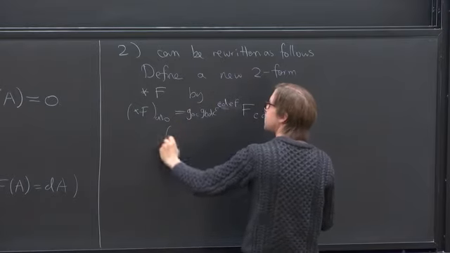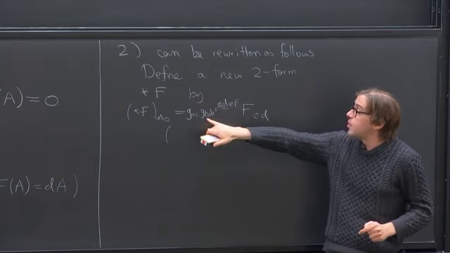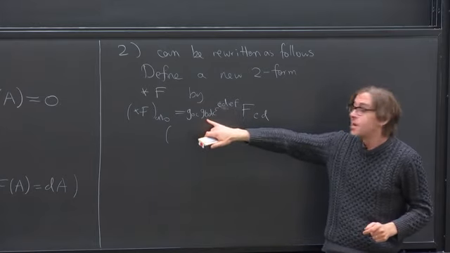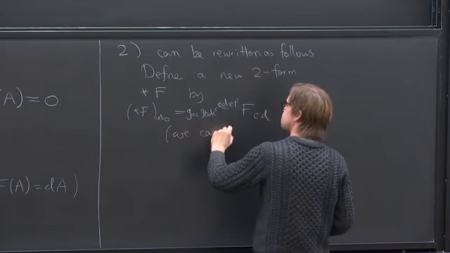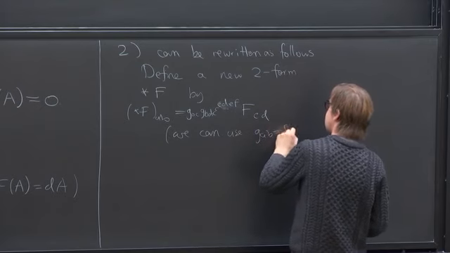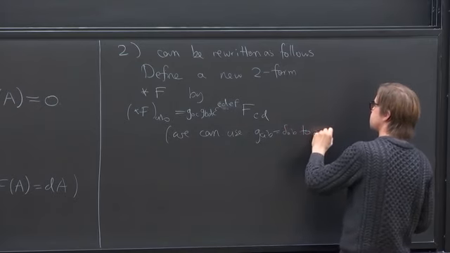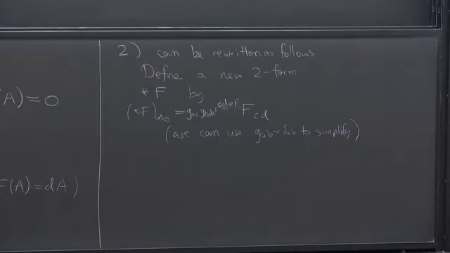So I'm mostly including the metric indices just to point out that this depends on a metric. We can use g_AB is delta_AB to simplify things. We just work on Minkowski space or Euclidean space.